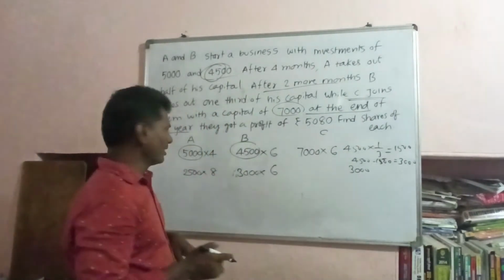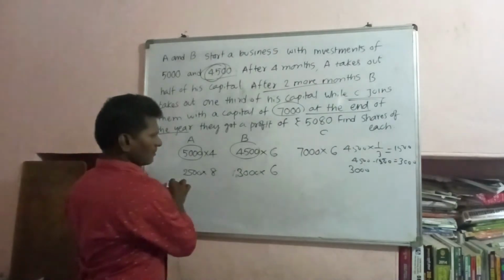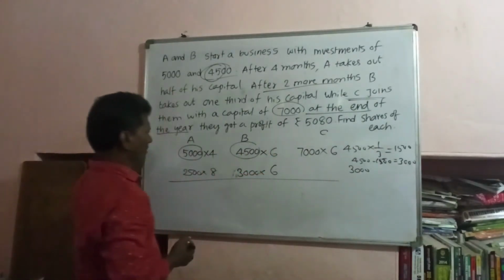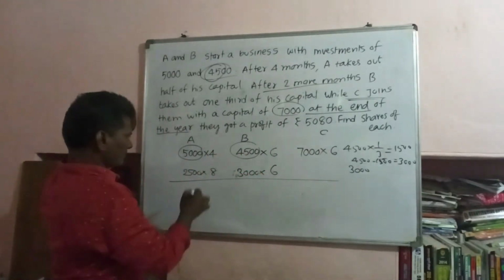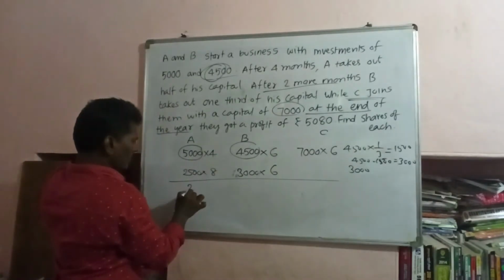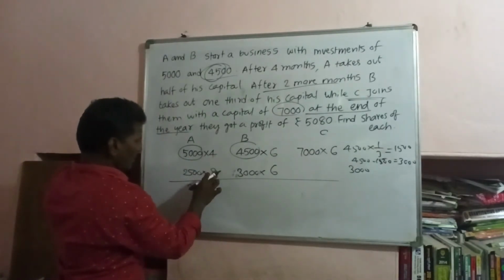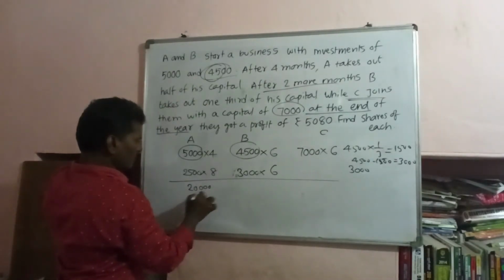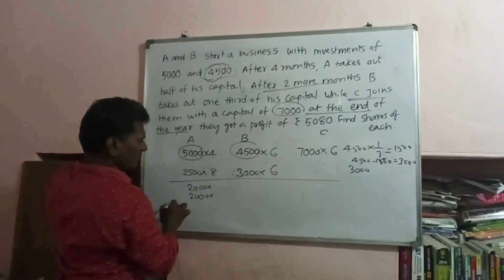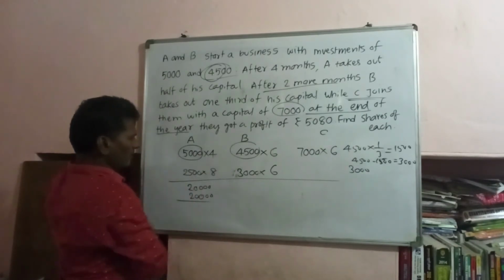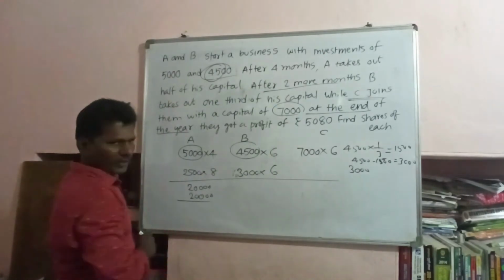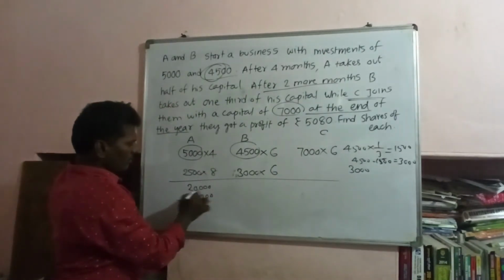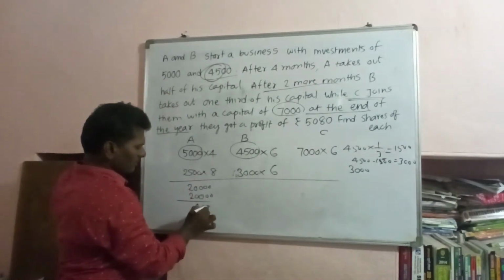Now let us calculate this. 4 5s are 20,000. 8 2s are 16, 8 5s are 40, so that is 20,000. It is 4 into 5,000 and 8 into 2,500. Totally 20,000 plus 20,000, that is 40,000.